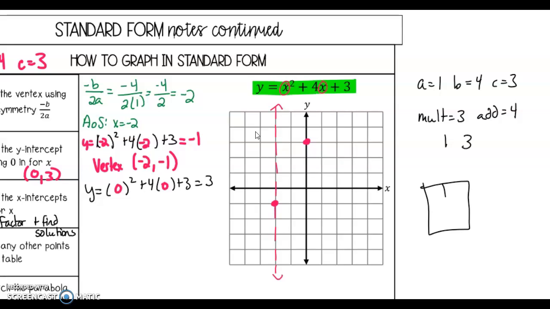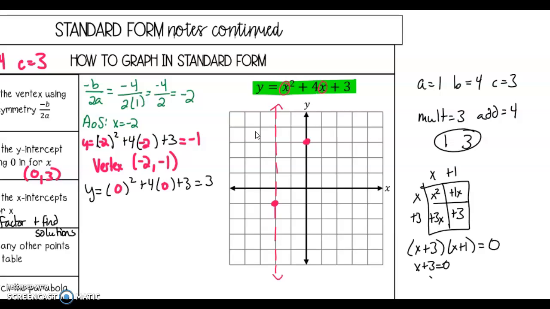So remember, you take it into the box here. So our equation is x squared. The plus 3 is here. Now use your 2 numbers, plus 1x, plus 3x, and go ahead and find the GCF that factors out. We're not going too slow on this because we've done this a lot over the last few weeks. Okay, so x plus 3 times x plus 1 equals 0. And remember, how we find our solutions is we set each factor equal to 0 and solve.